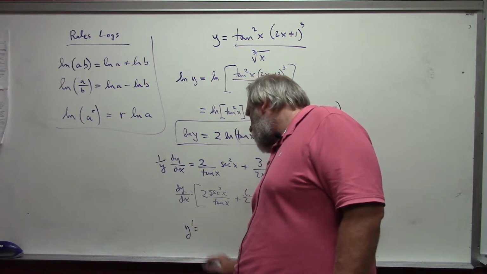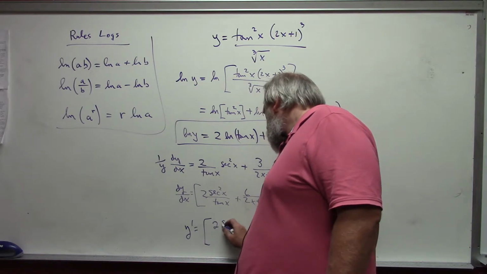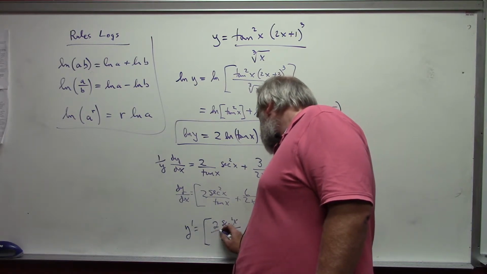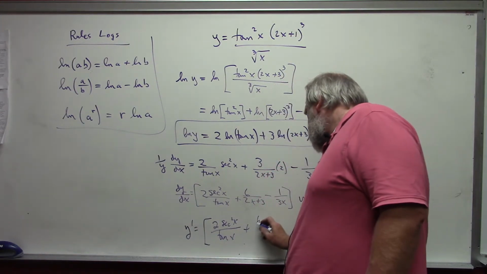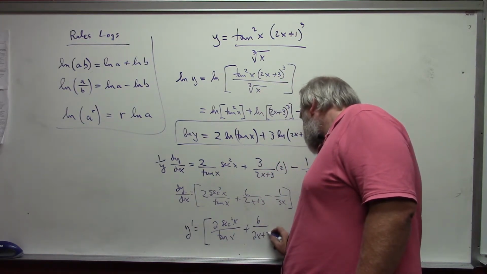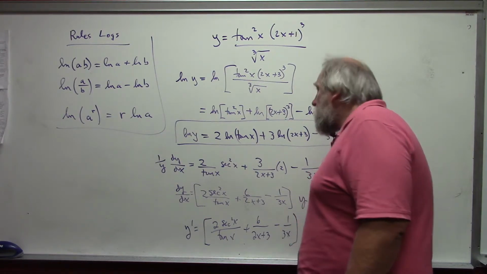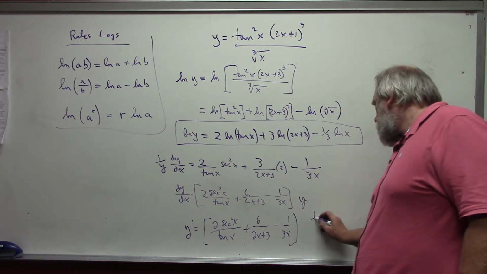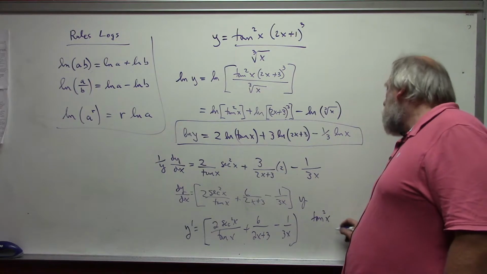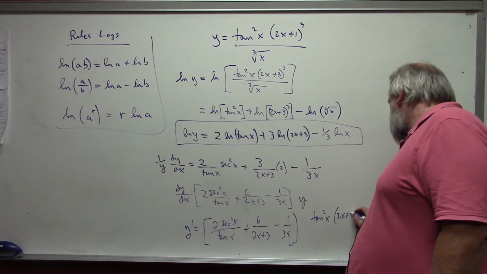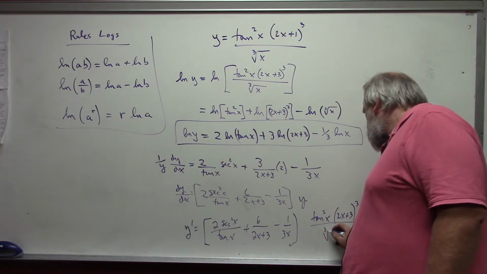My derivative, which I'll write as y prime, is 2 secant squared of x over tangent of x plus 6 over 2x plus 3 minus 1 over 3x, times my original function, tangent squared of x times (2x plus 3) cubed over the cube root of x.